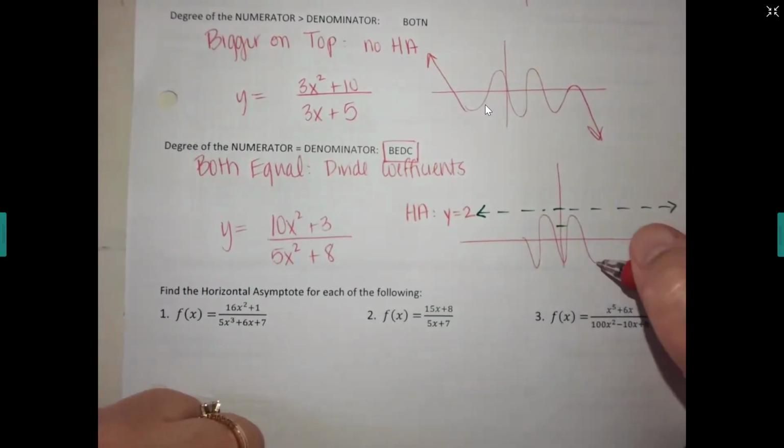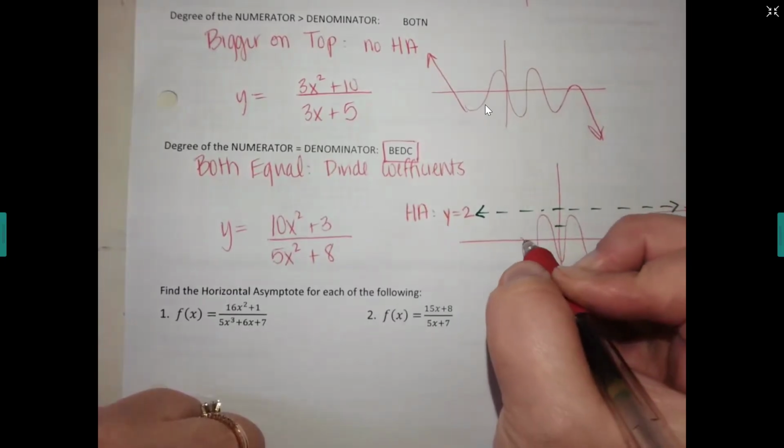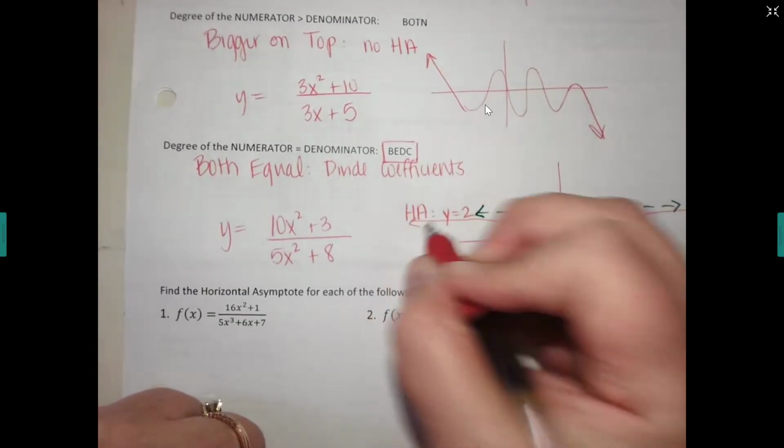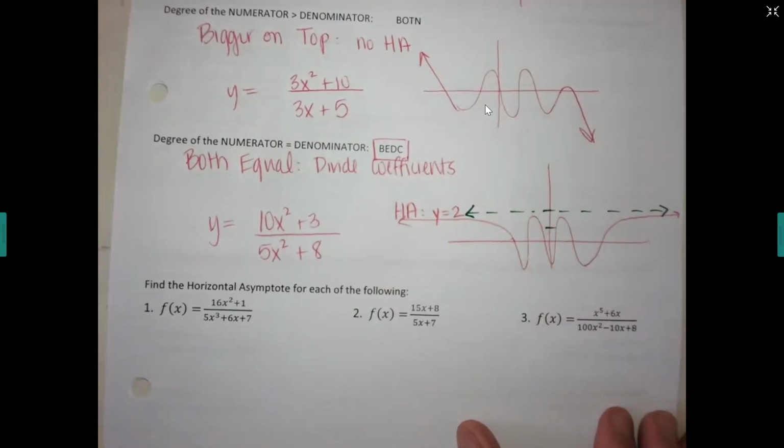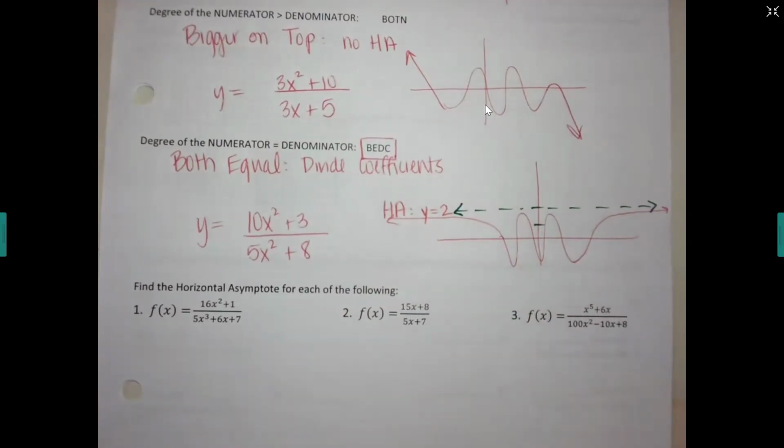So they're going to curve off to 2 this way, and then curve off to 2 this way. So an asymptote means that your graph is getting really close to that flat line at the ends of the graph. Okay, it doesn't tell you what happens in the middle, just tells you what the ends are. Okay?